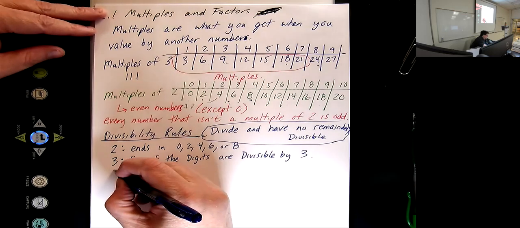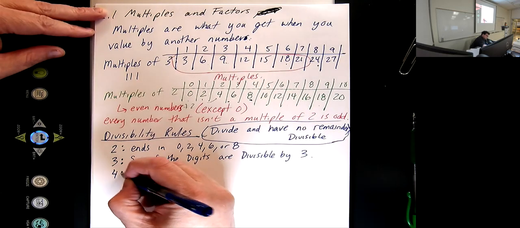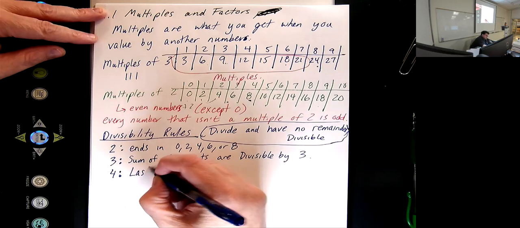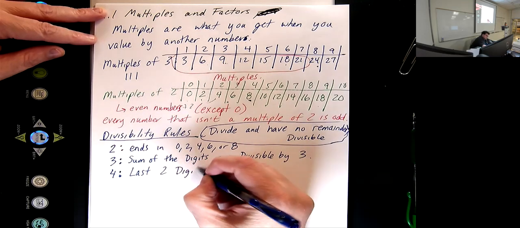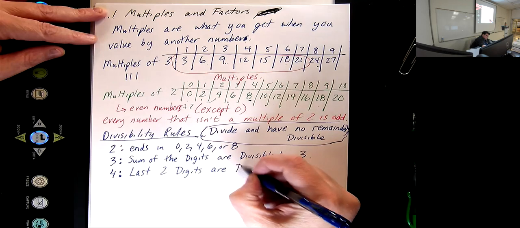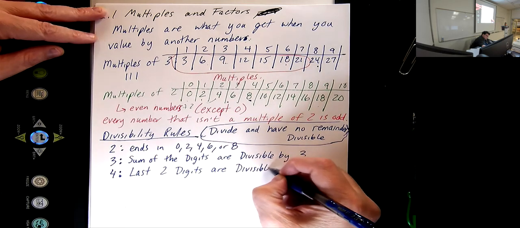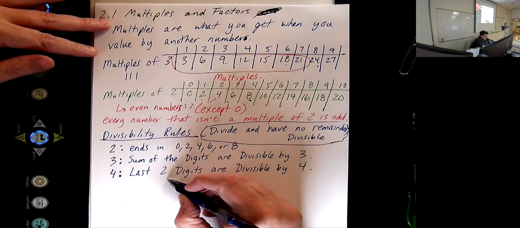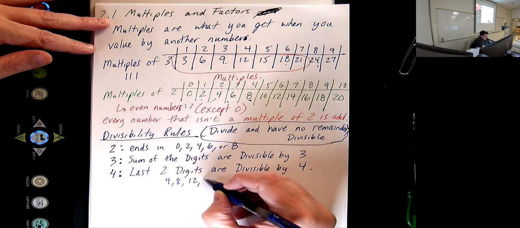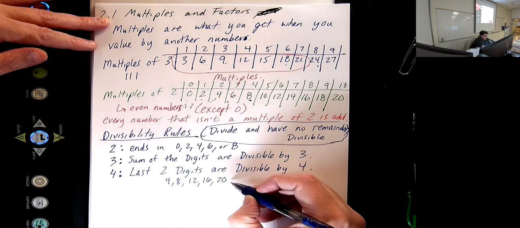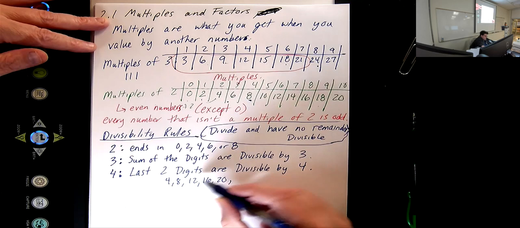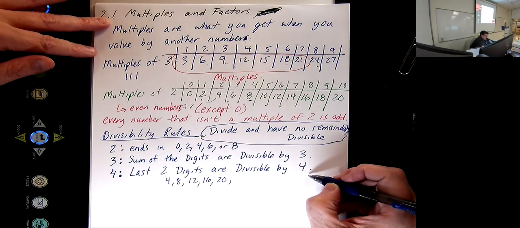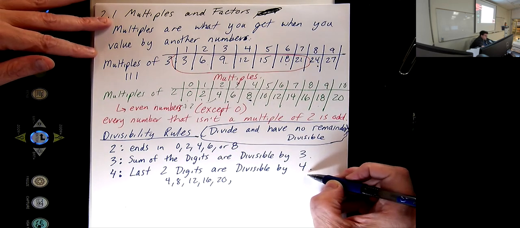4. The last 2 digits are divisible by 4. Because you're going to have 4, 8, 12, 16, 20, and you go all the way up to 100. 100 is divisible by 4 because it's 25 cents each.